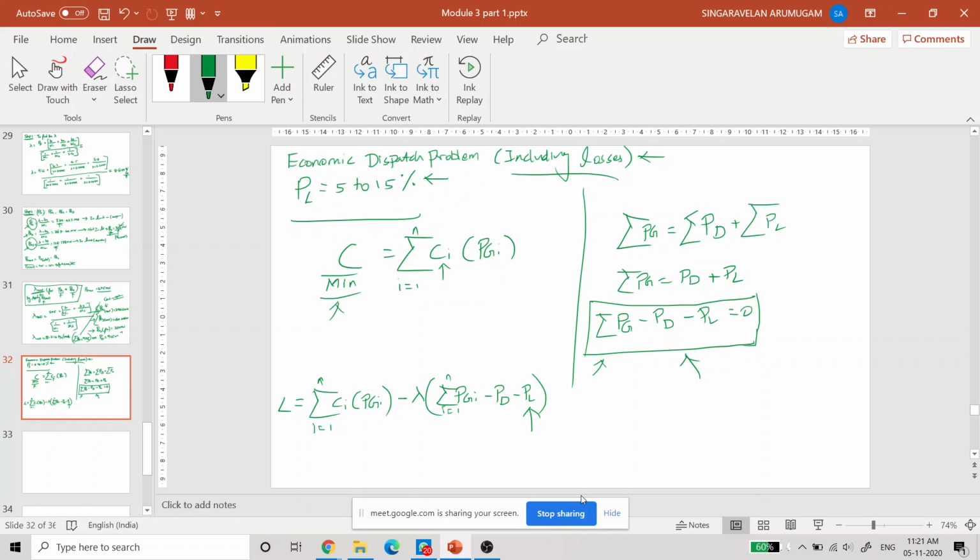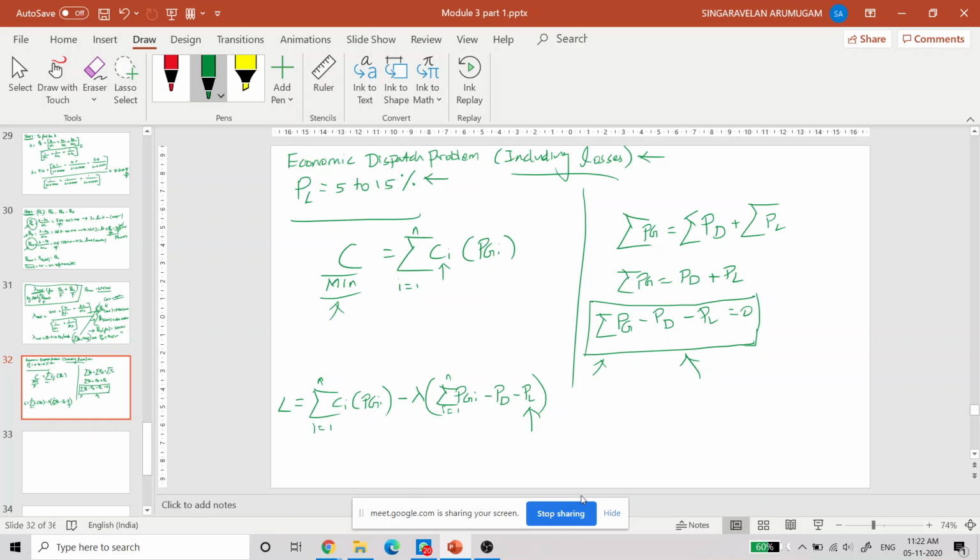If there is no generation, there is no loss, right? So PL is a part of Pg. While differentiating this augmented equation with respect to Pg, we can eliminate Pd, but we should not eliminate PL, because PL is a part of Pg. You need to take care of and understand that concept.